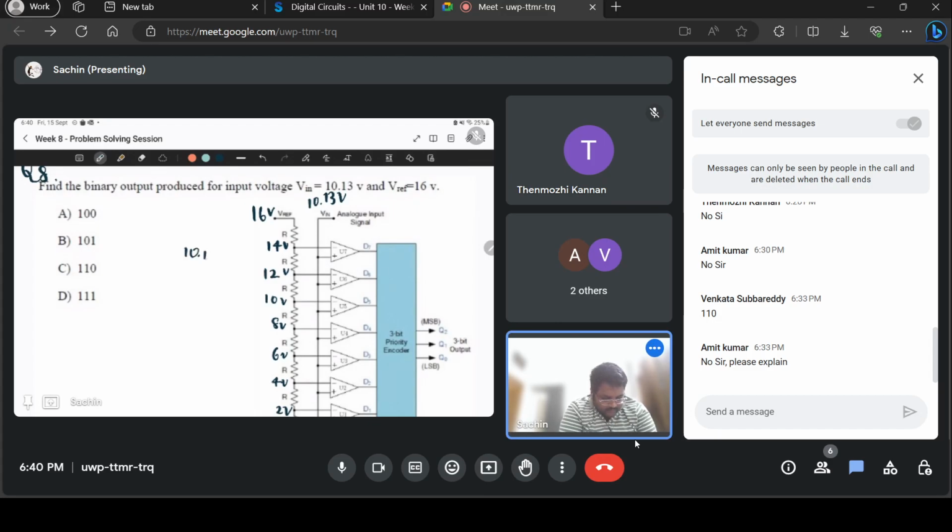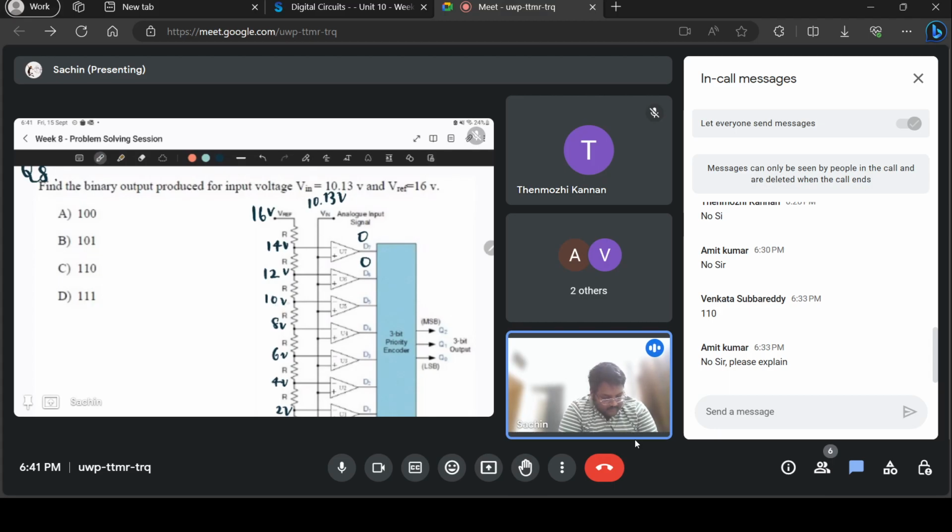Negative is connected to 14. So the difference is less than 0. It's negative. So you'll get a low output here. You can take this as logic 0. Then for the next comparator U6, 12 is connected to the negative terminal, 10.13 to the positive terminal. So 12 is greater than 10.13, so this will also be 0.